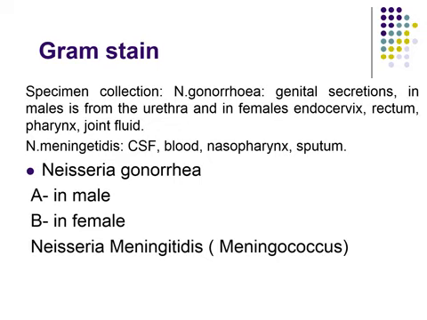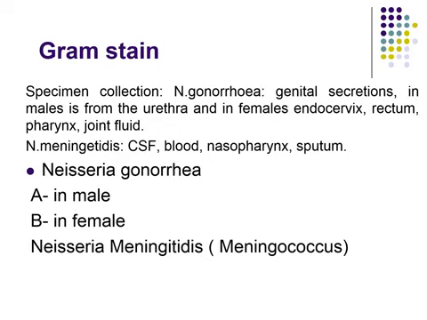Regarding the specimen used in laboratory diagnosis, it is important to differentiate between the causative agents. In case of gonorrhea, the specimen is genital secretion in males, while in females it is an endocervix swab. In addition, rectum, pharynx, and joint fluid may also be used as samples in diagnosis of gonorrhea.